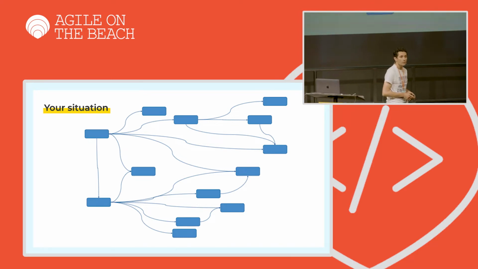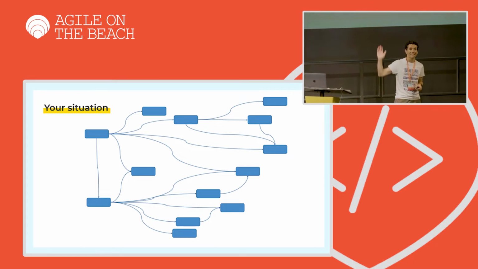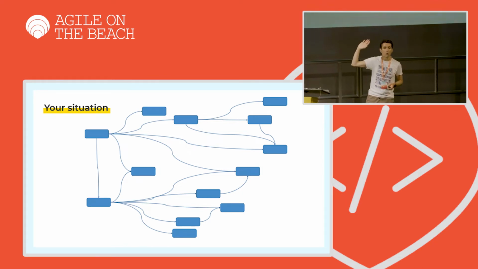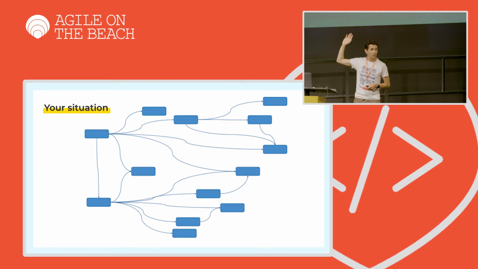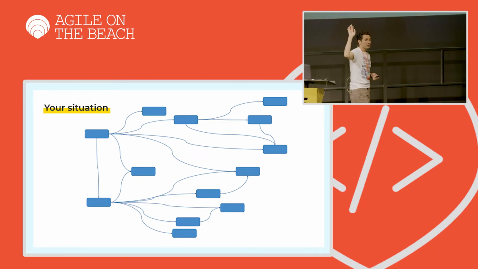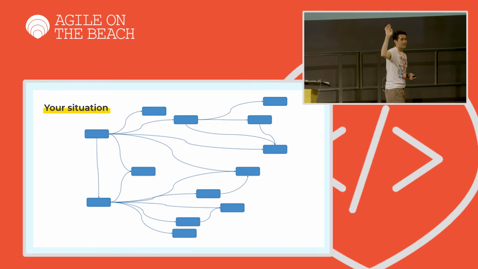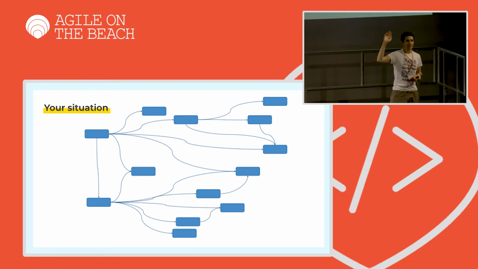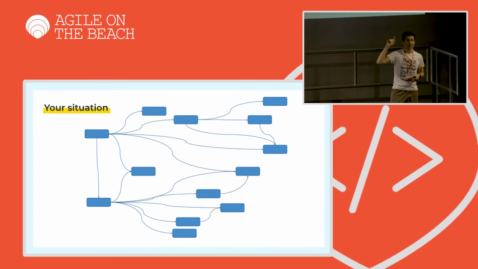So let's do a quick survey. Who has, let's say, more than 10 services running in production? Yeah, quite a few hands. More than 50 services running in production? More than 70? More than 100? I'm getting scared now. More than 150? Okay, so less than 150.